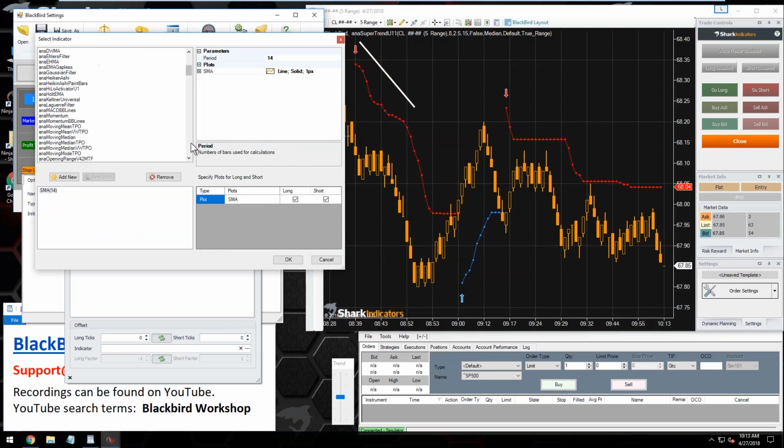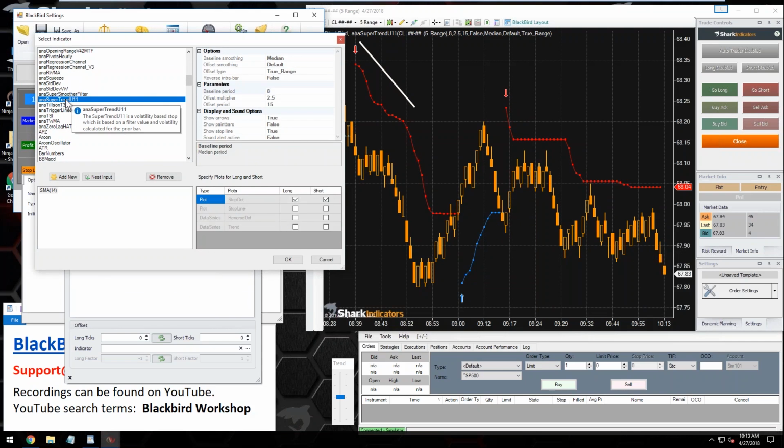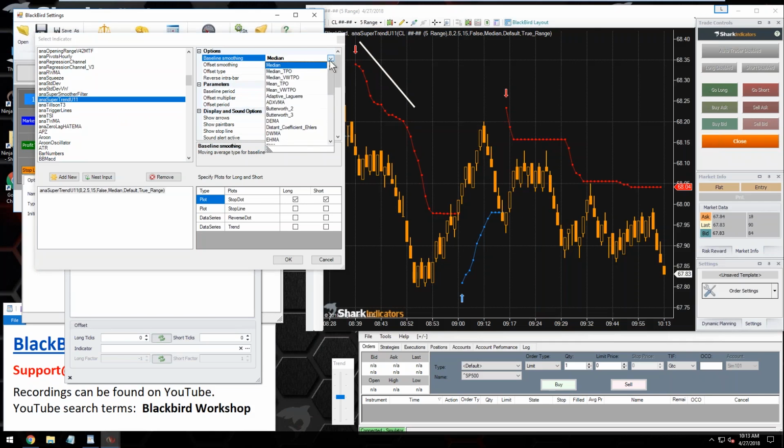And let's go find the anaSuperTrend. All right, there it is. If you're using custom indicator settings, change all those indicator settings to match what's on your chart. With the anaSuperTrend, we know that the stop dots are the plot that we're following with the stop loss.